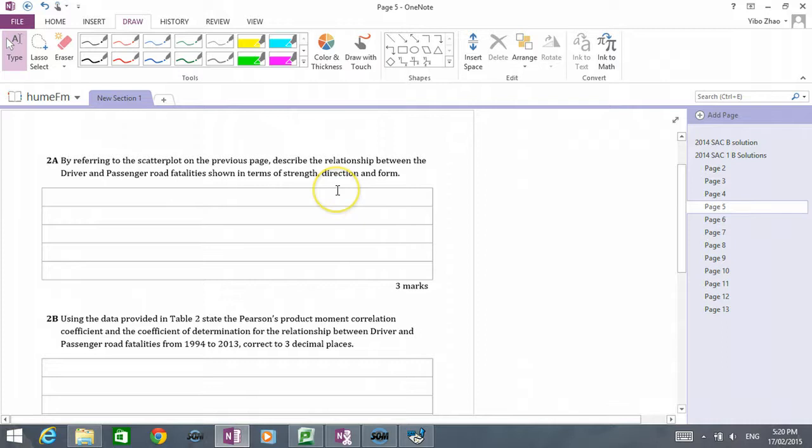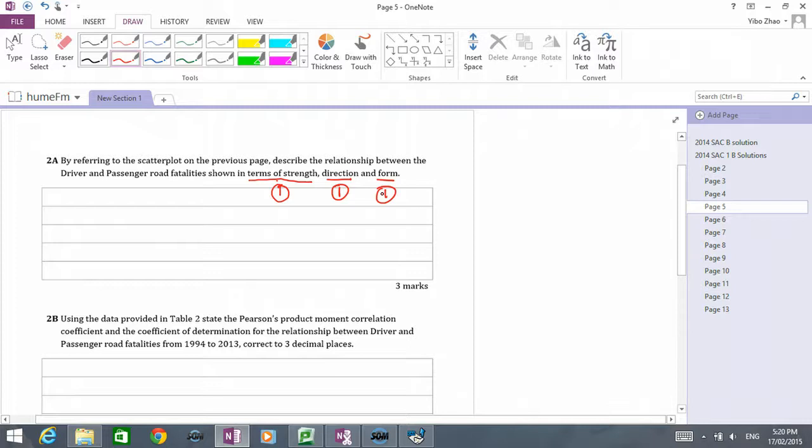Now, mark the keyword. The examiner asked me for strength, direction, and form. So I should have one mark here, one mark here, and one mark here.